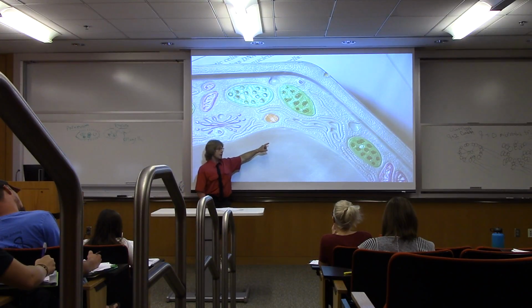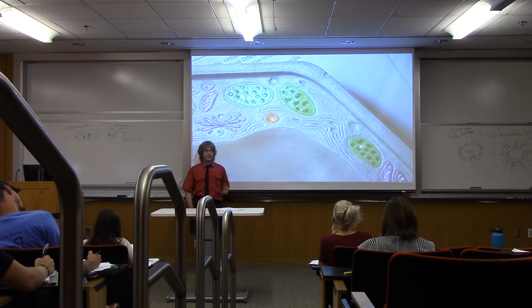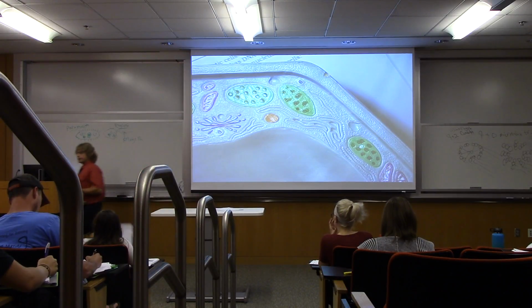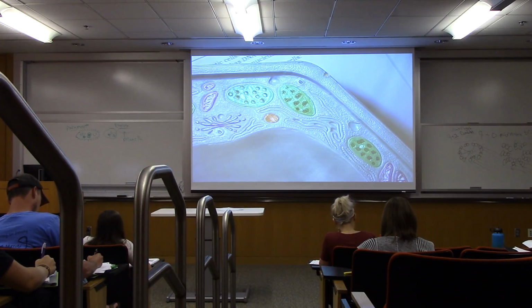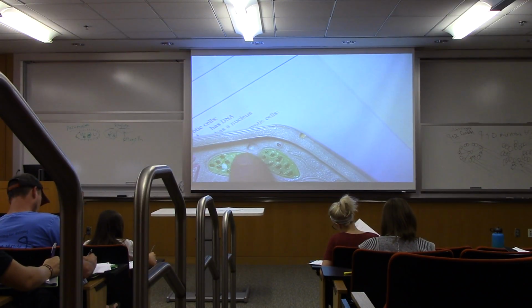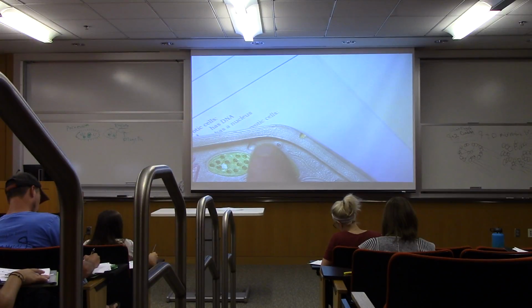Okay? But my point here is that vacuoles will never have a membrane. If you see a membrane around a vacuole, it's not a vacuole, it's a vesicle. Okay? That you see here. You can see a little ridge representing a membrane.